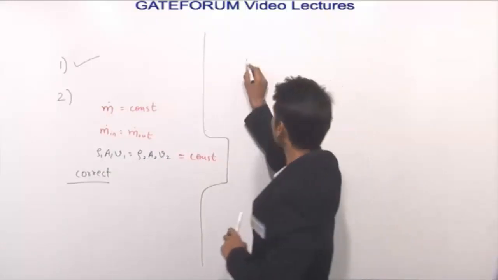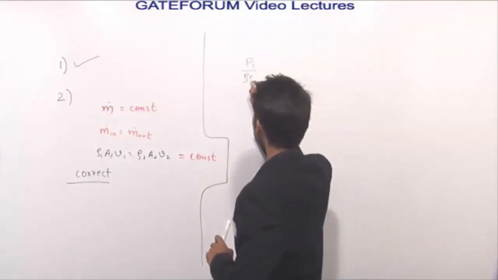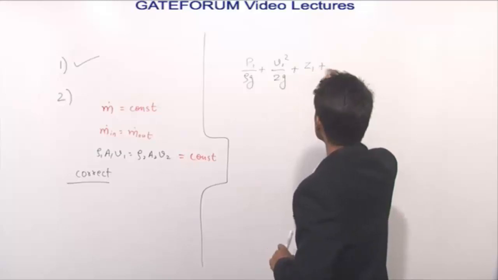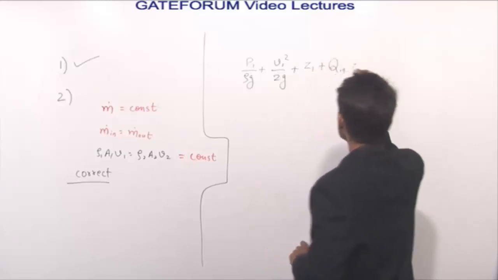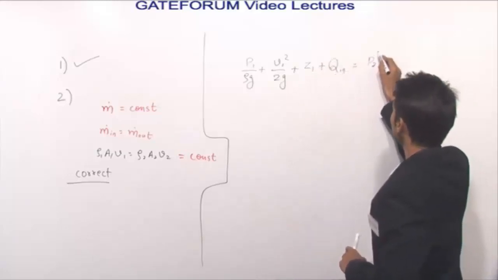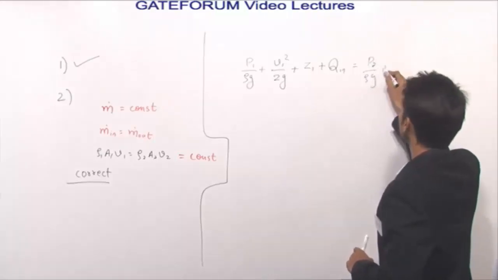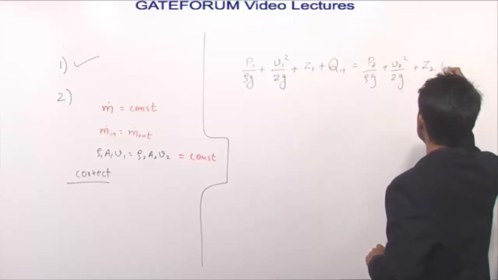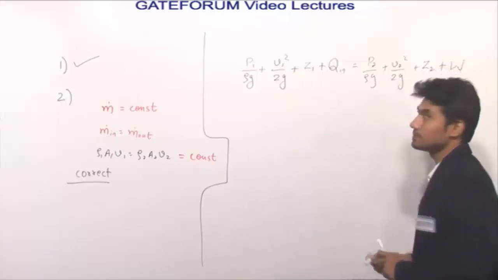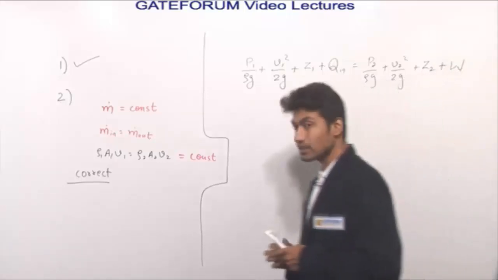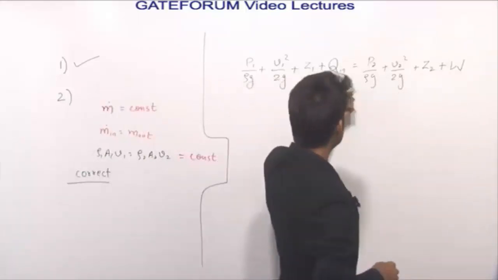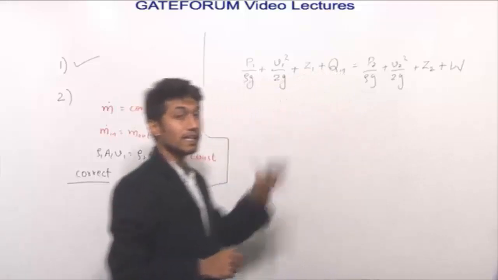Such an energy equation can be written as P1 by rho g plus V1 square divided by 2g plus Z1 plus Qn is equal to P2 divided by rho g plus V2 square divided by 2g plus Z2 W. So the equation given here is wrong, since Q supplied should be on the intake side.